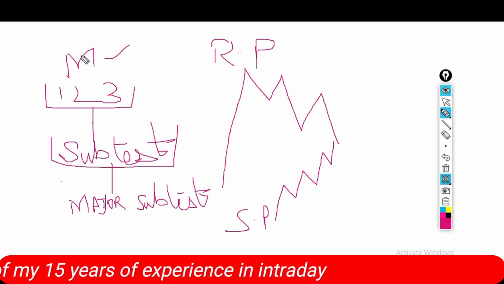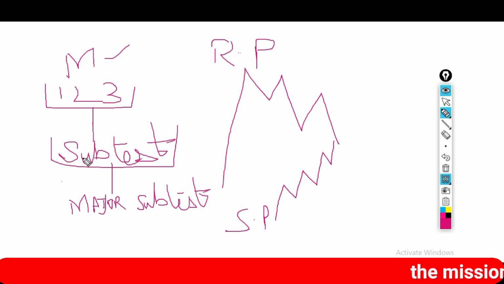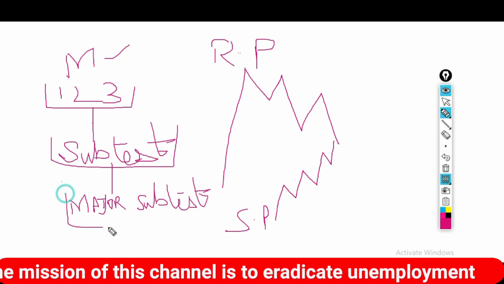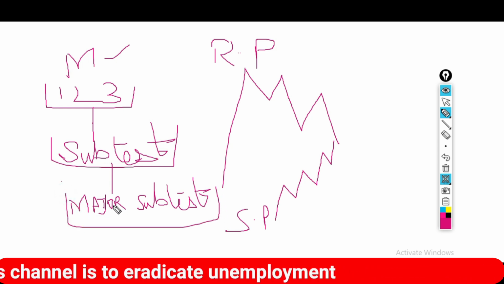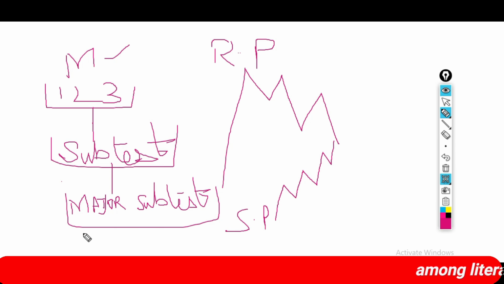So first cycle is the main cycle, that is represented by 1 2 3 numbers. Then second is sub test, that is represented by subtest 1, subtest 2, subtest 3, and third is major subtest, which is denoted by M subtest 1, M subtest 2, M subtest 3.